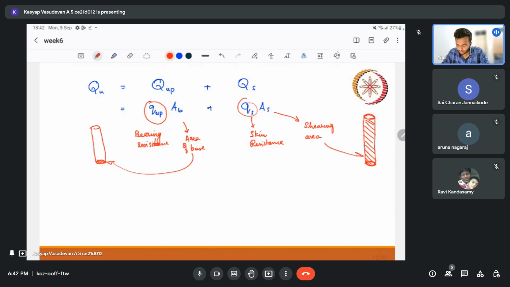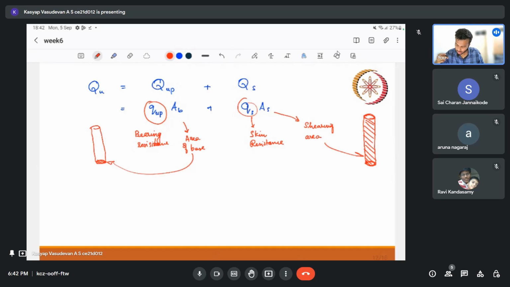So for the areas we don't have any issue. The issue will be with the bearing resistance and skin resistance, how we are going to calculate it. In whichever method we are going to study, the basic problem is with this bearing resistance and skin resistance. Different people come up with different methods.